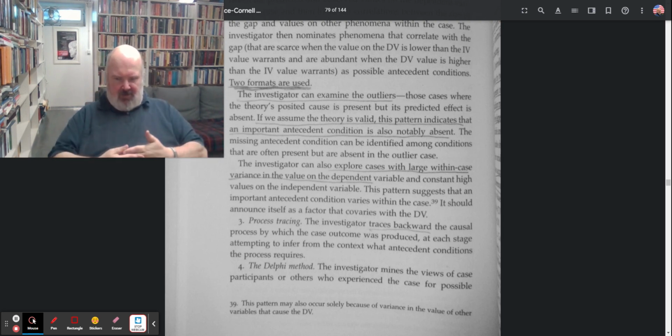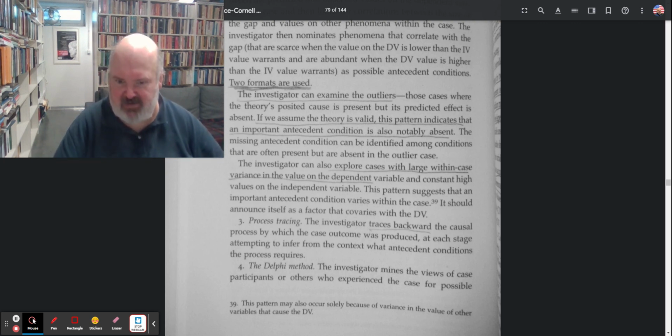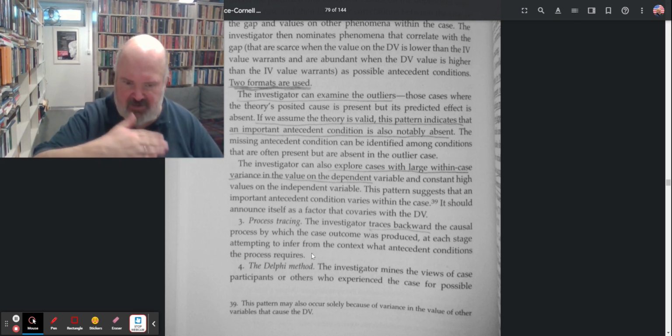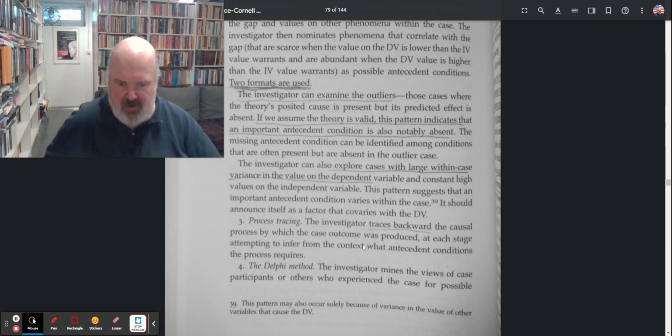Go backwards, and then as we go backwards, we look at this and ask what antecedent conditions or factors would cause this? This needs what to do this? Okay, that's what process tracing does. Take the process going backwards, inferring from the context what antecedent conditions the process requires.